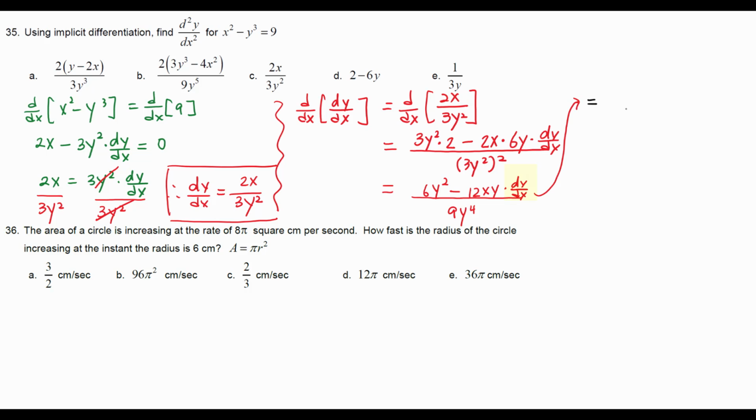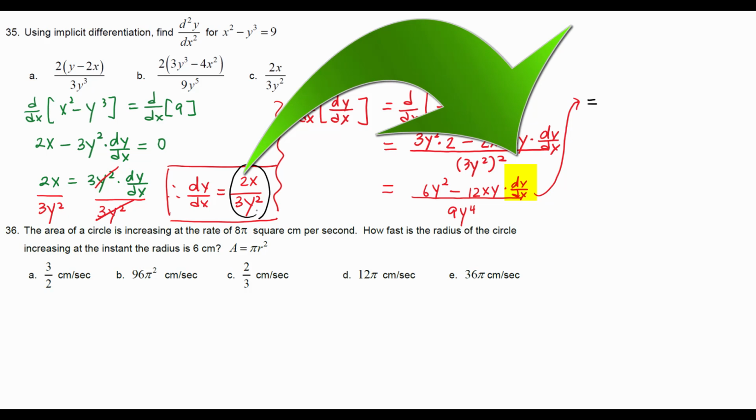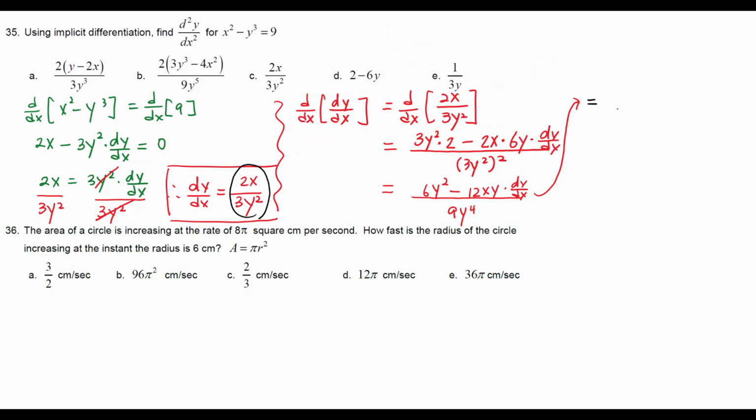So then you need to replace dy/dx by the dy/dx you found earlier, so that your d squared y over dx squared would only contain an x and y expression. So I'm going to do that. I have 6y squared minus 12xy, and my dy/dx I found earlier was 2x over 3y squared, over 9y to the 4th power.